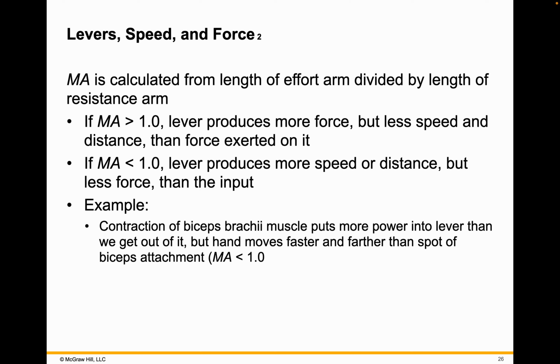If it is less than 1, it produces more speed or distance but less force. For example, the contraction of the biceps brachii muscle puts more power into the lever than we get out of it, but the hand moves faster and further than the spot of bicep attachment. Mechanical advantage is less than 1.